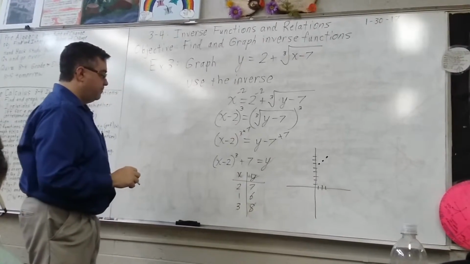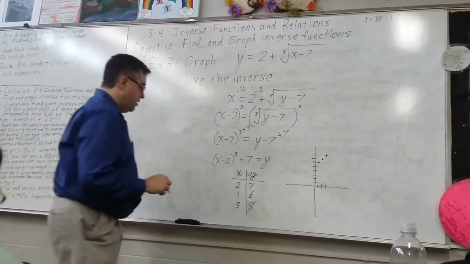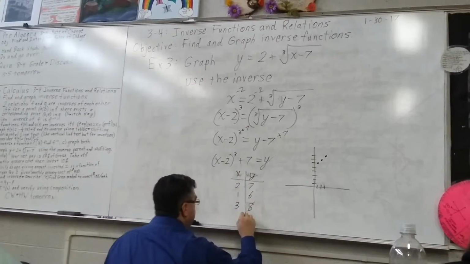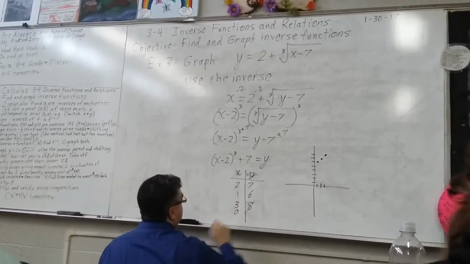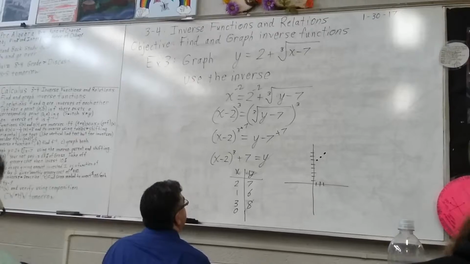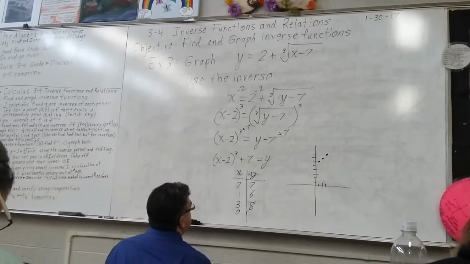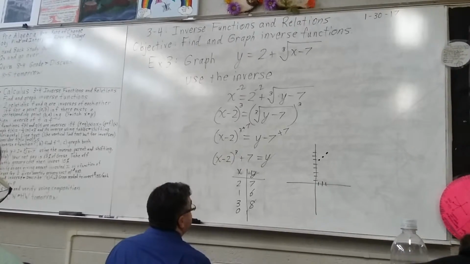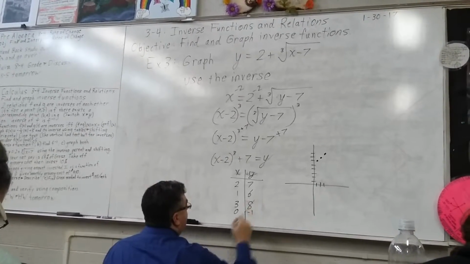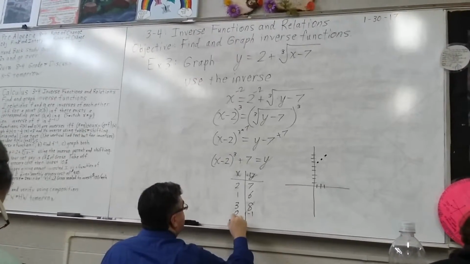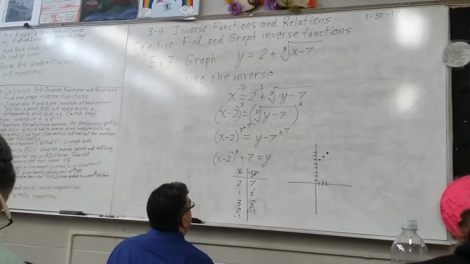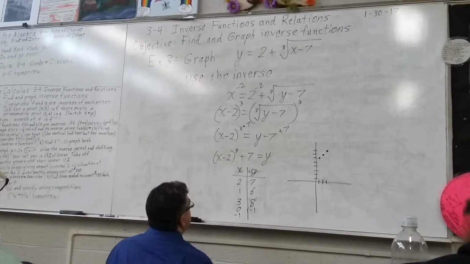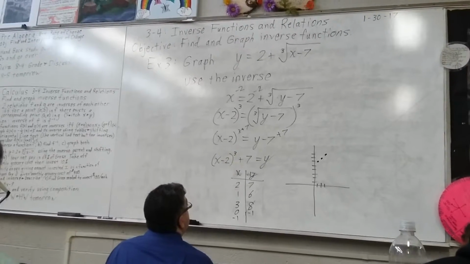Okay? We could look at 0. That would give us negative 2. Negative 2 cubed is negative 8. Negative 8 plus 7 is negative 1. We could look at negative 1. Negative 1 minus 2 is negative 3.